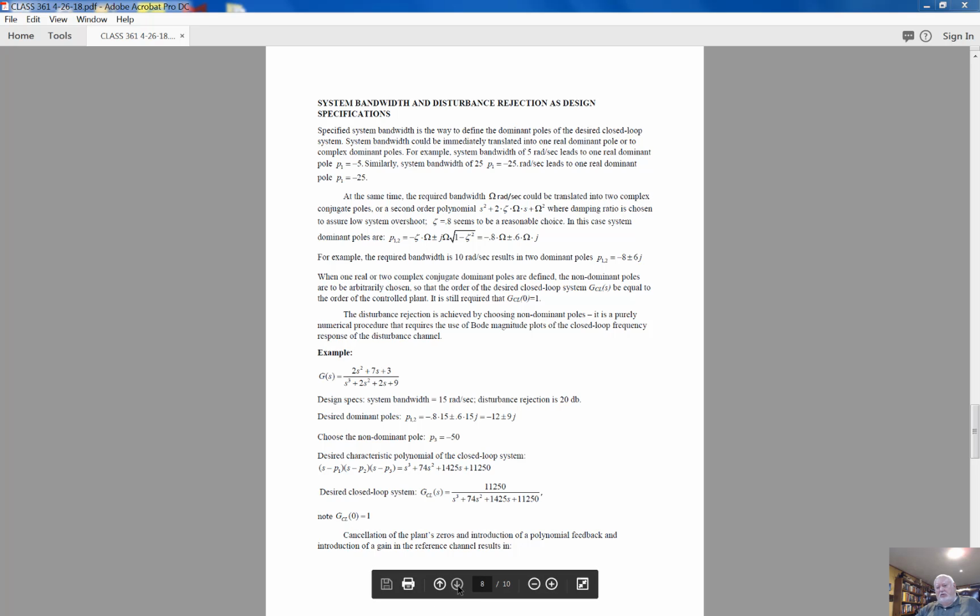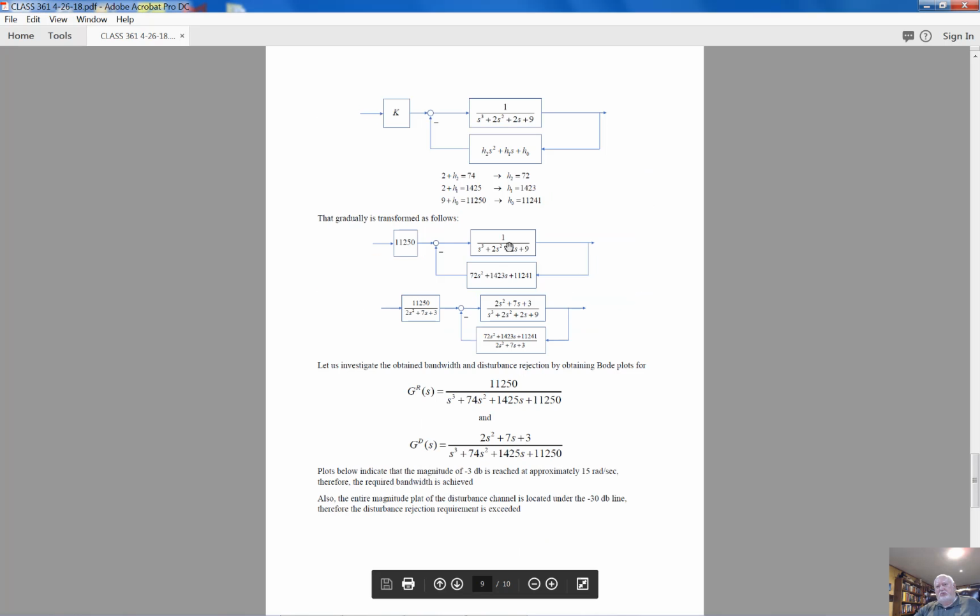Next we go through cancellation of the plant's zeros like we did before. This is the control plant with cancelled zeros. This is the constant gain that we insert in the reference input. This is the second order polynomial that we place in the feedback of the system.